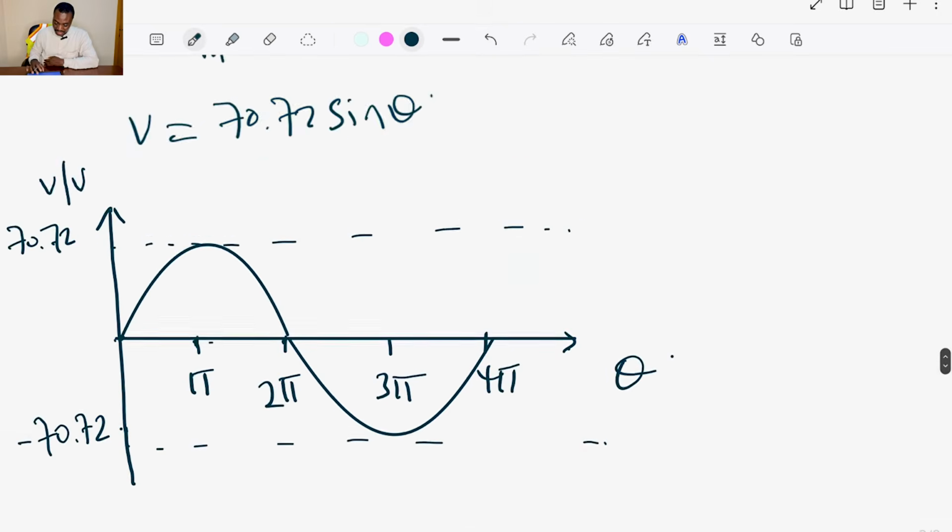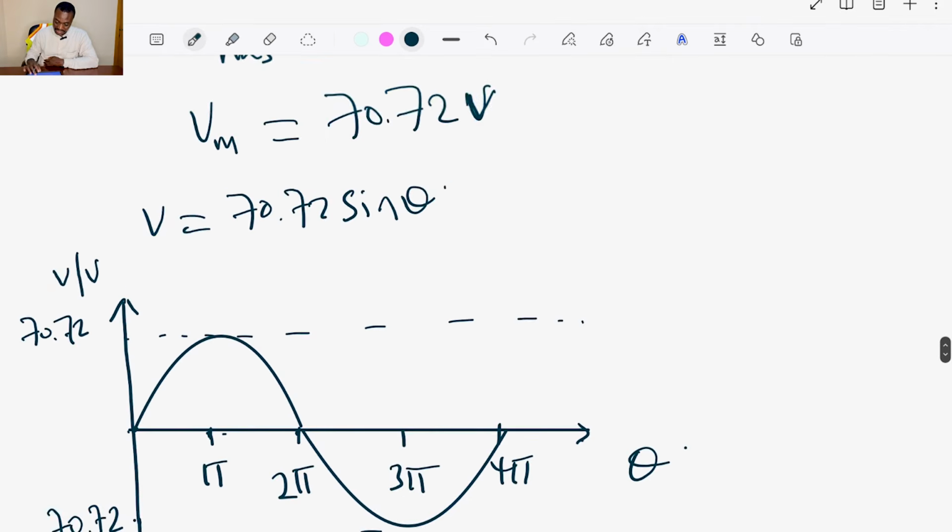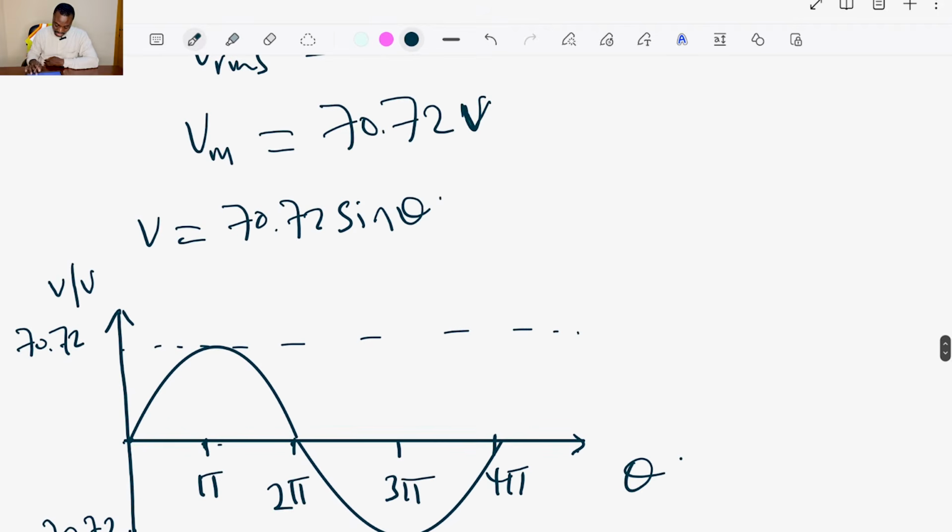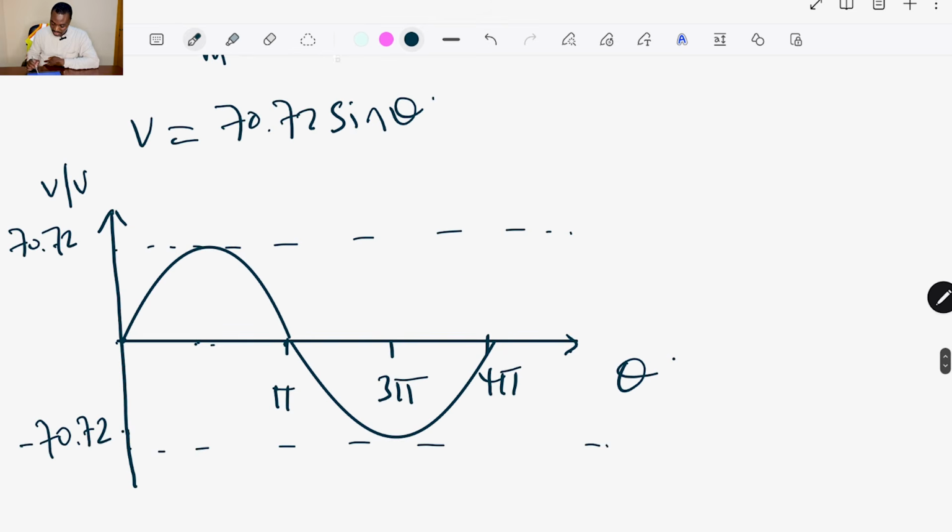Now that we've done that, the number here is wrong. I'm supposed to sketch for 2 waves. This is only one cycle, so I'm supposed to sketch another one. Let me include it, there's a mistake here.